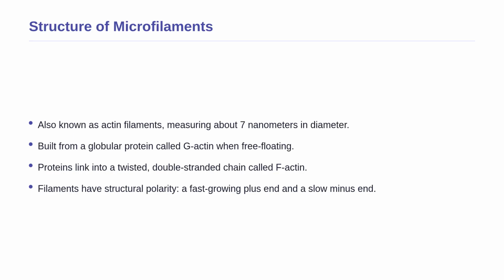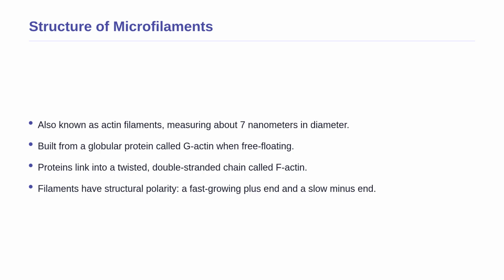Now that we understand their purpose, let us look at what these ropes are actually made of. Microfilaments, which are also known as actin filaments, are the thinnest structural fibers of the eukaryotic cytoskeleton. They measure only about 7 nanometers in diameter. They are built from a globular protein called actin.